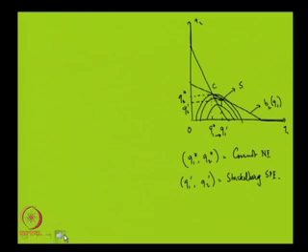That is, in the Stackelberg compared to the Cournot model, the first mover has more profit and more output, and the second mover has less profit and less output.